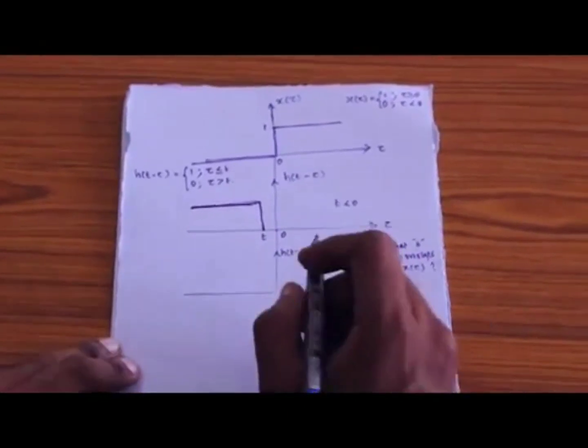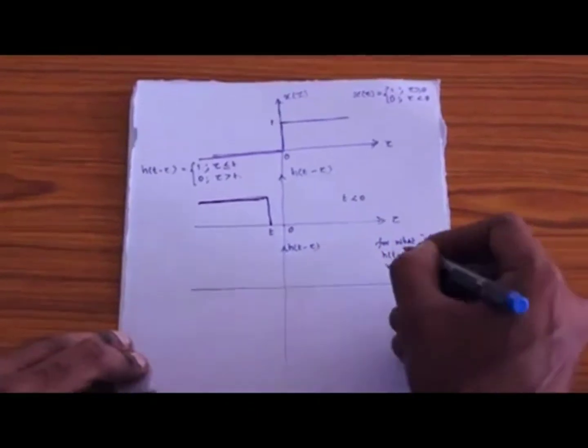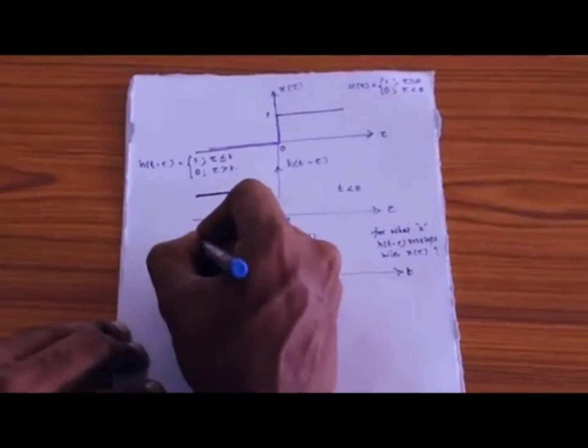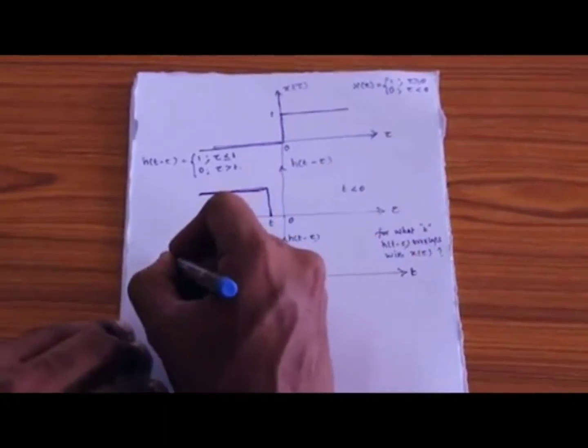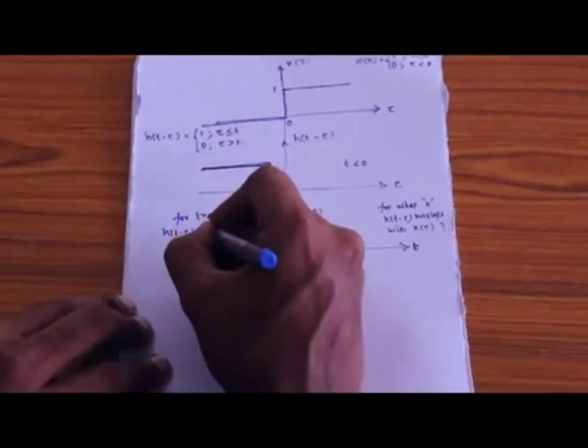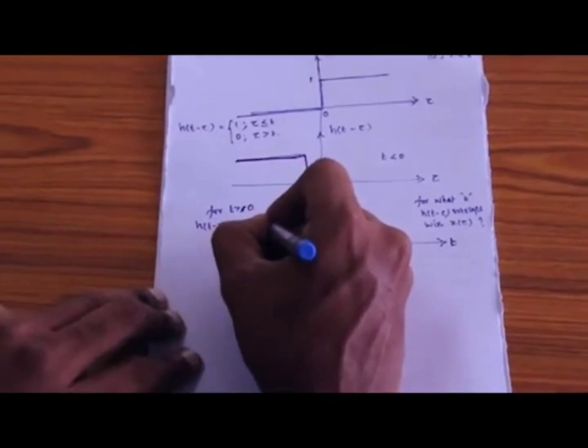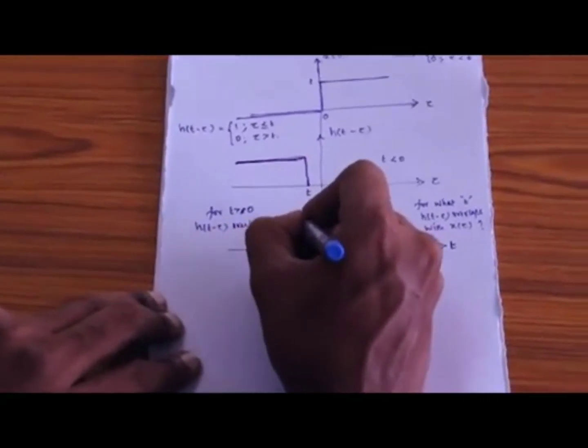Yes, very good. So for t greater than or equal to 0, h of t minus tau overlaps with x of tau.